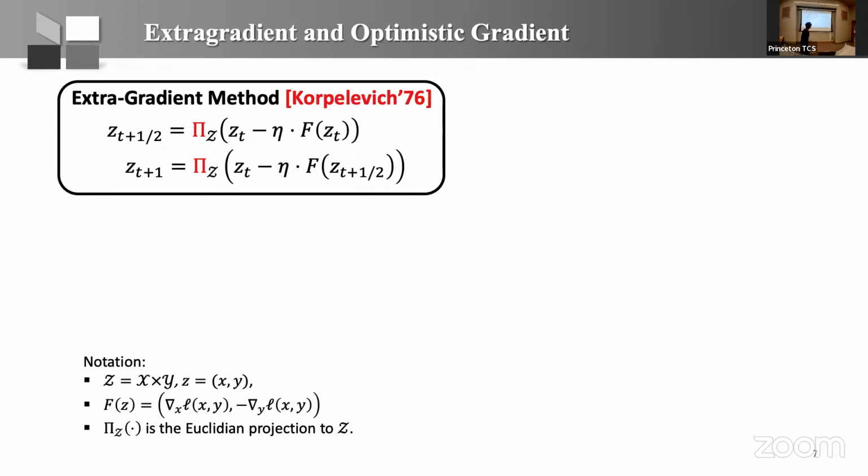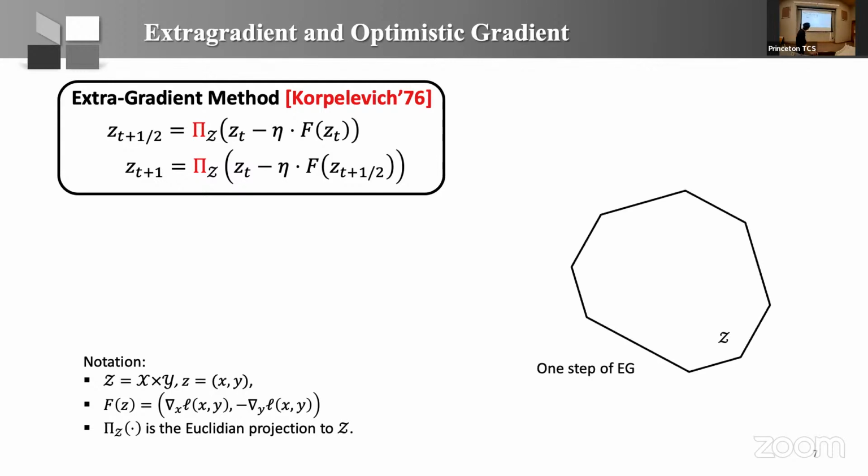This is called the extragradient method, and I'll show how it relates to the optimistic gradient. It is an even more classical algorithm by Korpelevich, and arguably the first algorithm people came up with to solve this kind of optimization problem.